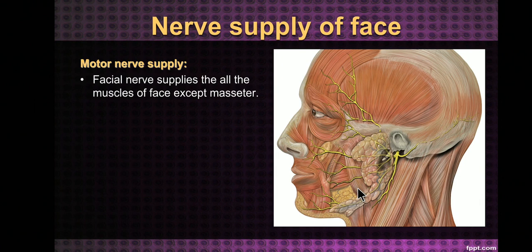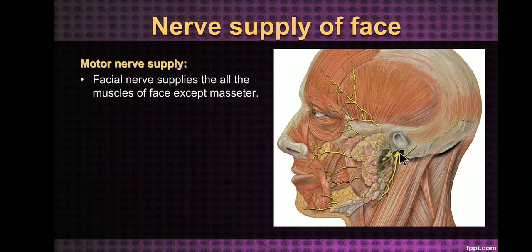Even though it is present in the face, it is a masticatory muscle responsible for moving the mandible, and it is not supplied by the facial nerve. It will be discussed under the muscles of mastication.